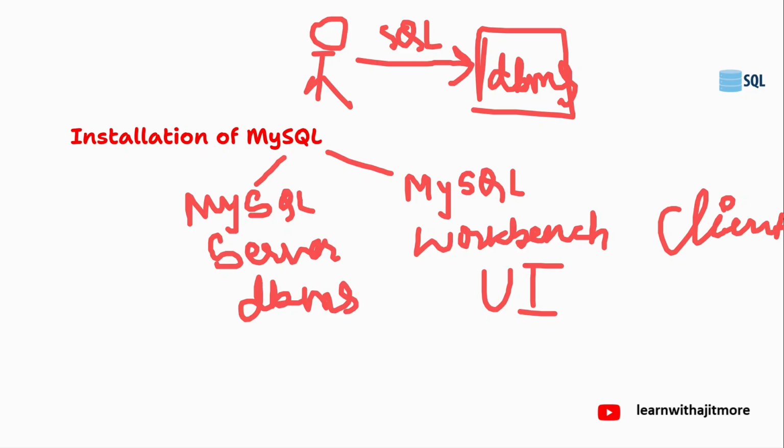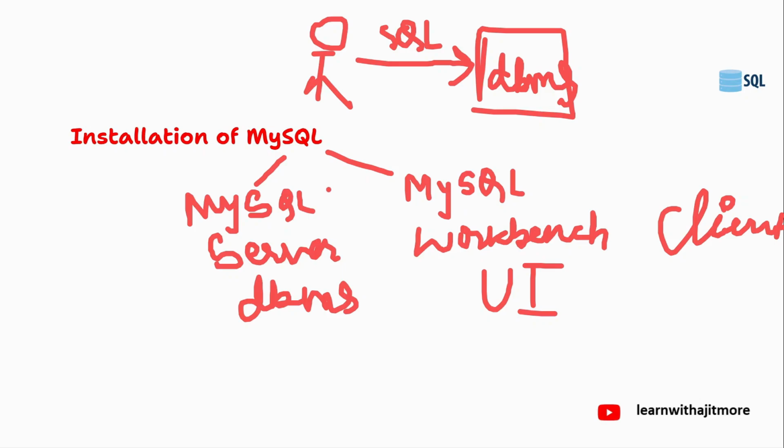Is their website an interface provided to you to pick the movie, then the date, then how many people, and then submit, and then do the ticket selection and the payment? Is some UI provided to you through which you can do the booking? Same way, if the user wants to type the command and see the result, where will the user type the command and see the result? For that, one software is provided, and that is called MySQL Workbench.